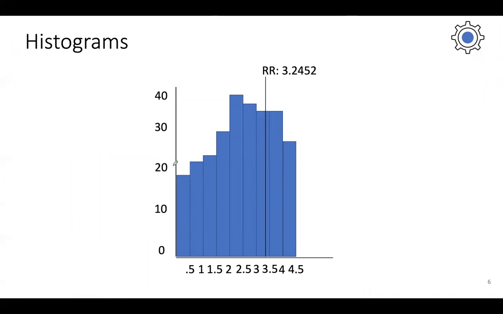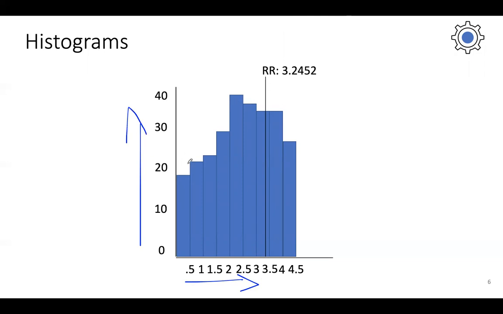These risk ratios for the total public schools in the United States are represented in a histogram. This histogram has the risk ratios along the bottom, and then the frequency of those risk ratios on the y-axis.